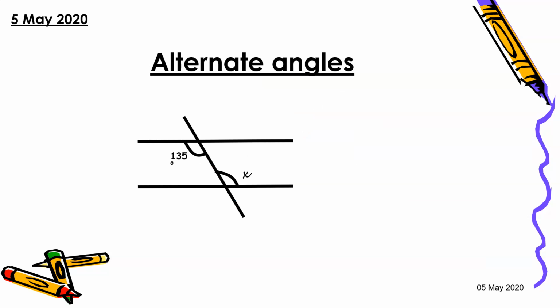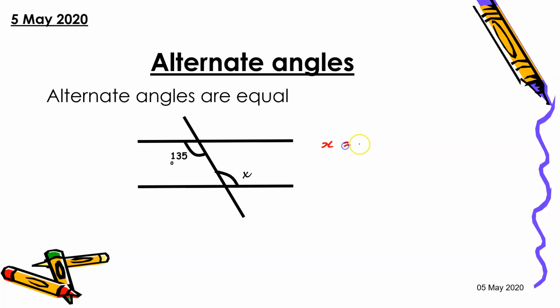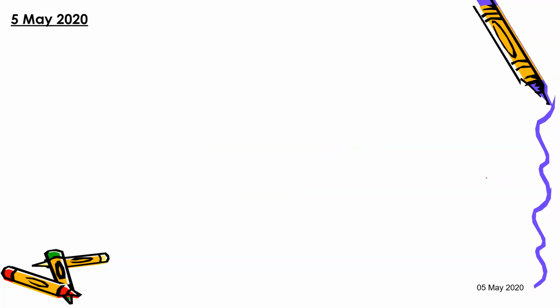So that leads us to the questions that we can answer. If we have a question like this, we say x is equal to 135 degrees, because that makes our Z shape, and then giving our reason that it is alternate angles of parallel lines, and we're done.